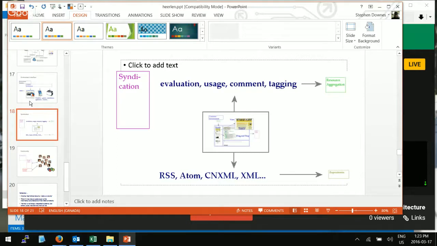Content syndication is the idea behind you sharing your content with other people. There are different ways of doing that. One way of content syndication is to share information about how you've used your resources, evaluations you've made, the fact that you've viewed something, a comment that you've made, a tag that you've made, etc. As well, content syndication is the idea of you being able to share the resources that you've created, whether they're events that you've planned, biographical sketches, images, articles, whatever.